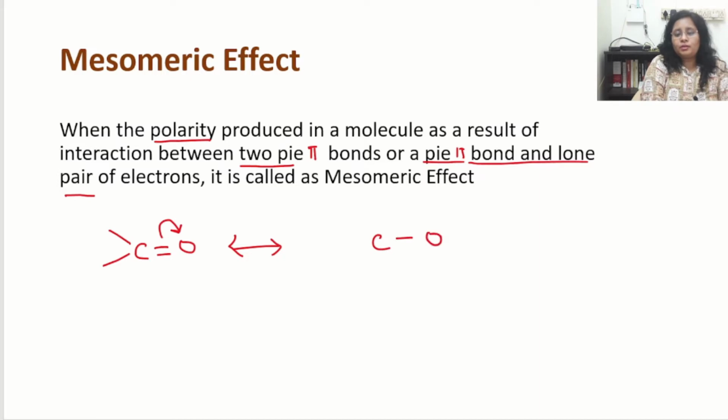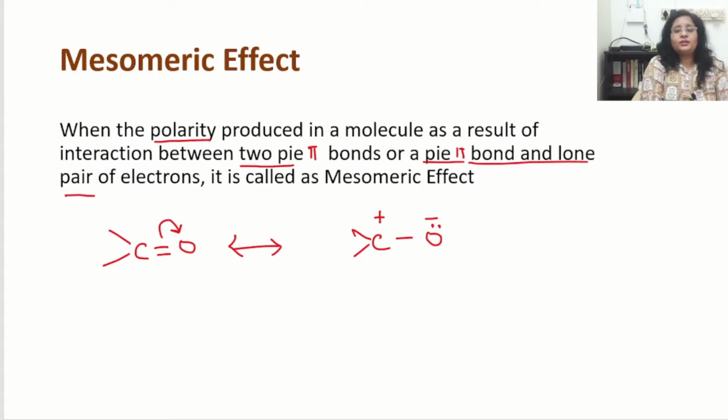The oxygen will become negatively charged, having the two electrons of the shared pair, and the carbon in turn becomes positively charged. So this is called mesomeric effect.